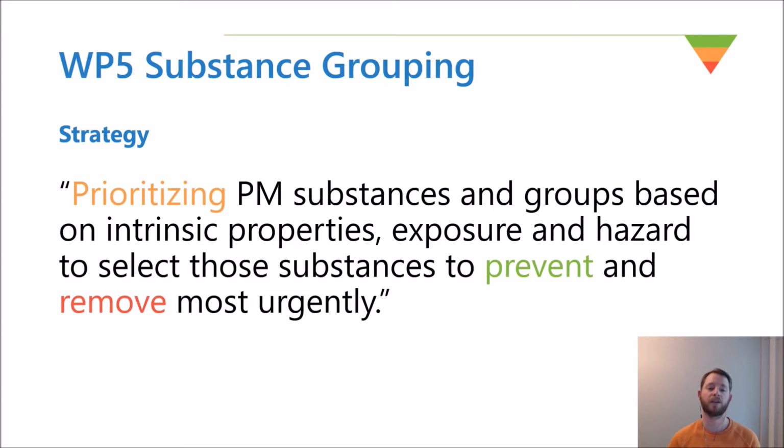And when we look at this strategy, we can see how work package 5 really connects to all the other work packages, as it focuses on prioritizing, but also works towards the prevention and removal aspects of the other work packages.